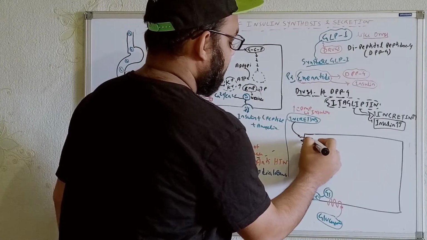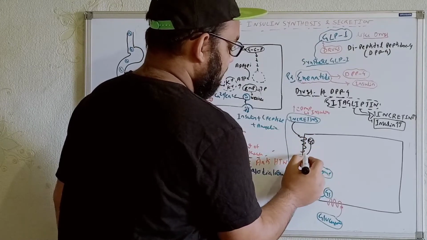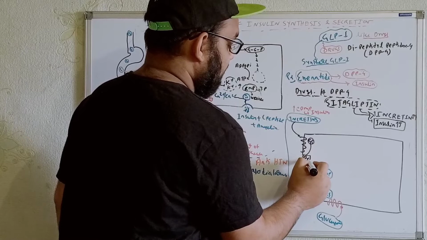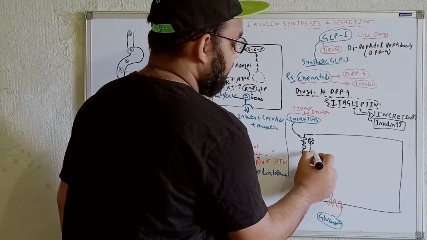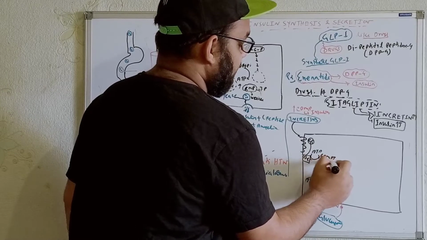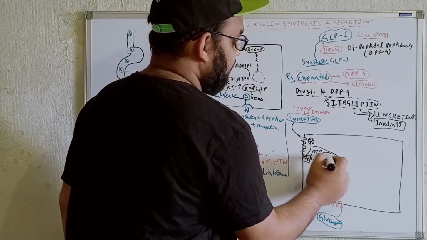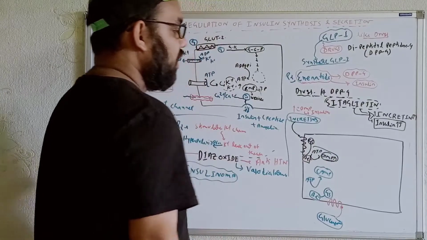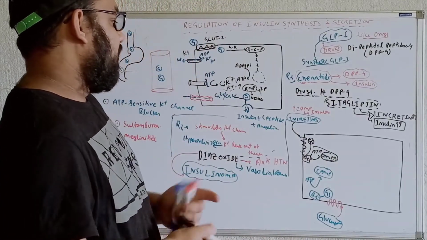In the same way, they will also activate the adenylyl cyclase, and we will get conversion of more ATP into cyclic AMP. More production of cyclic AMP leads to production of insulin hormone.